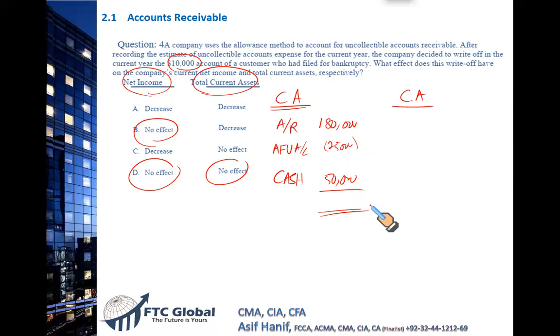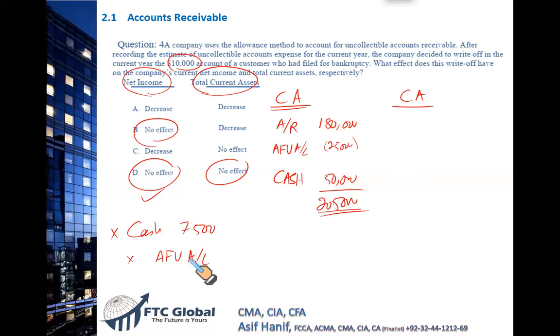The total current assets are 180 less 25 plus 50, which gives you a total of 205. Let's say we wrote off a customer who happens to pay us back. Nice of him. We will debit cash. Let's say he paid us back 7,500. And we will credit the allowance for uncollectible accounts. Since cash is not an income statement item, neither is allowance for uncollectible accounts, which means the income statement is not affected. Let us see how our current assets are affected.